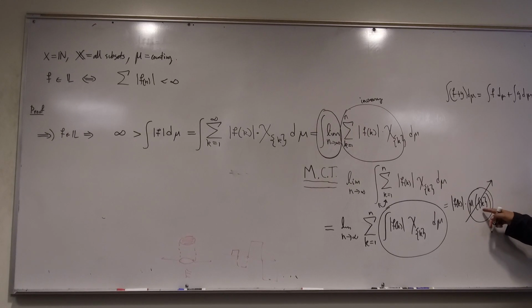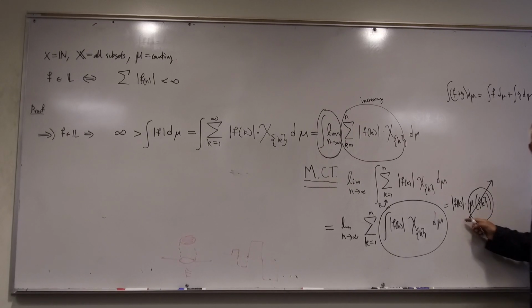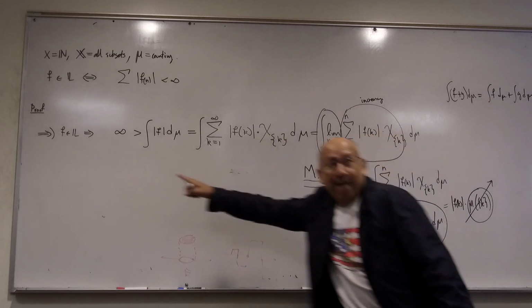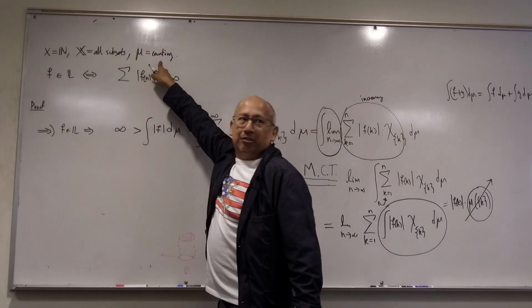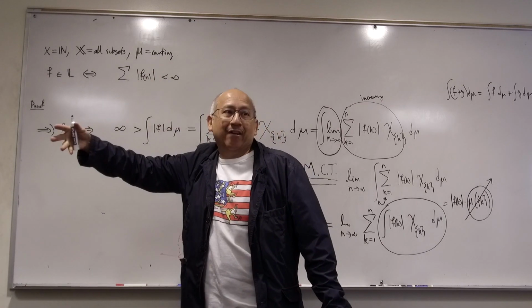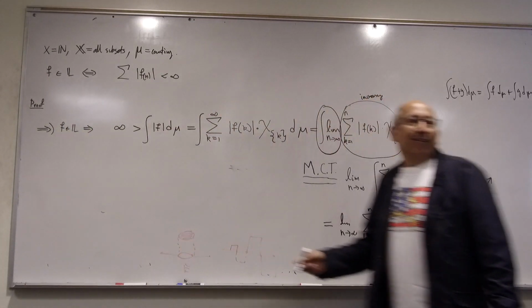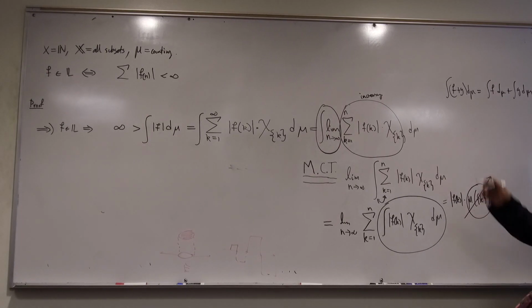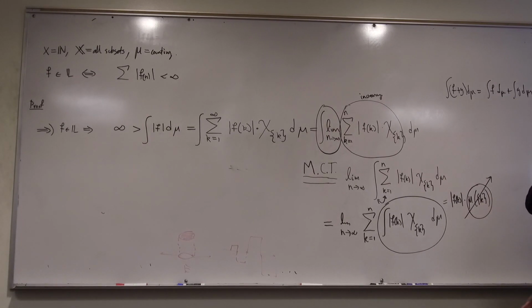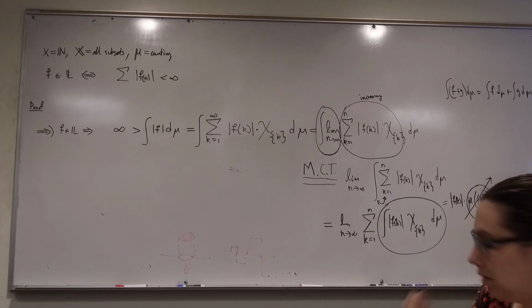What is the measure in this problem? It's a counting measure. So you count how many elements are inside and that's it. How many elements are in this singleton? One. Only one element. Look, it's k, right?